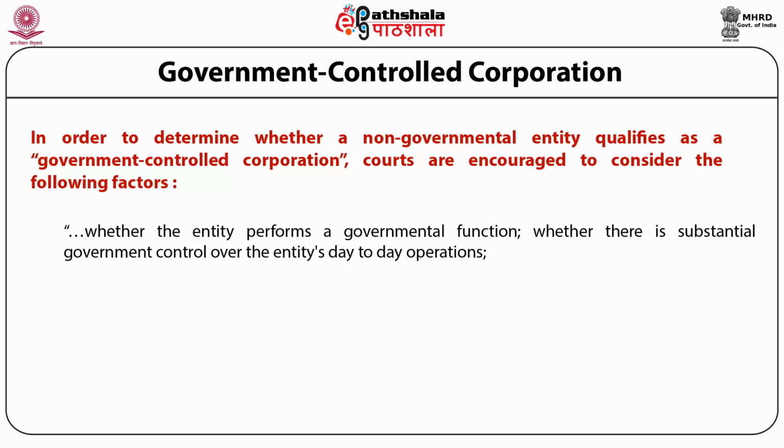Just funding, is it sufficient? Probably not. You have to look at the day-to-day control that the government exercises on that corporation, and if the government exercises that control over that corporation, essentially what they say is that becomes a government controlled corporation, and all documents and information held by that government controlled corporation will also be subject to the Federal Freedom of Information Act in the United States.